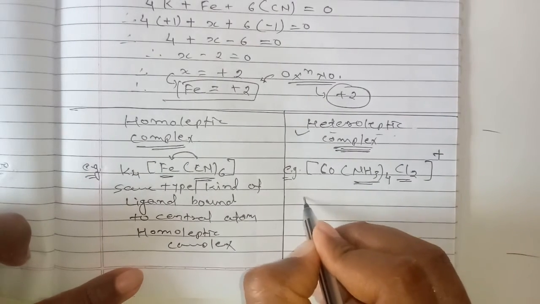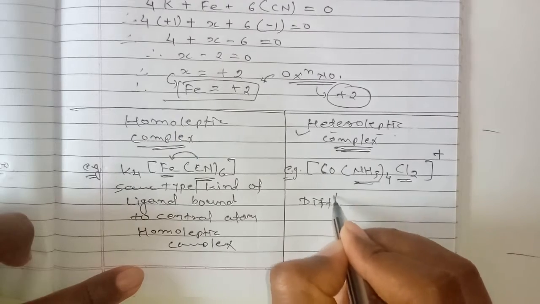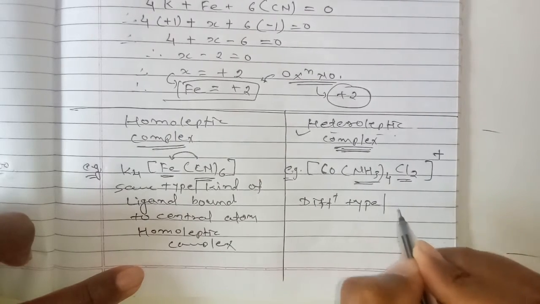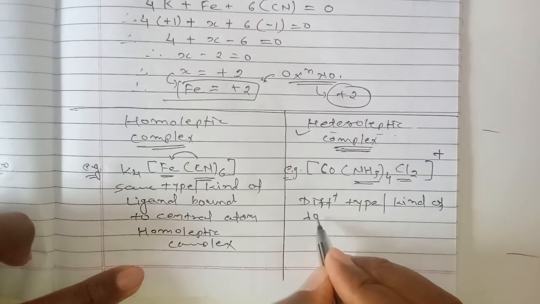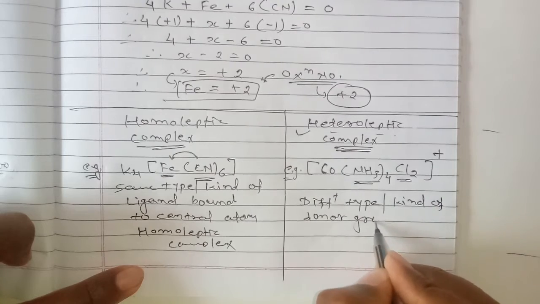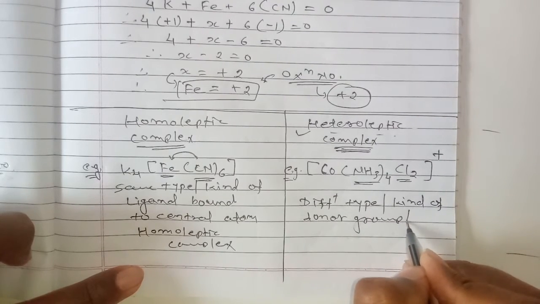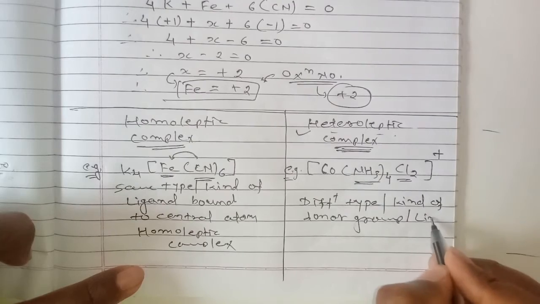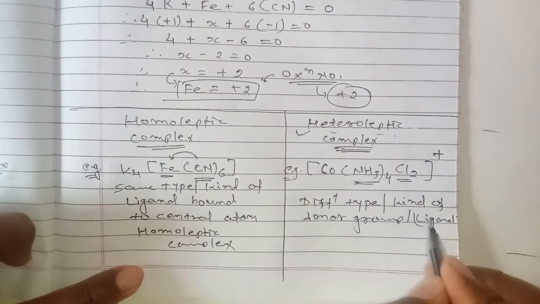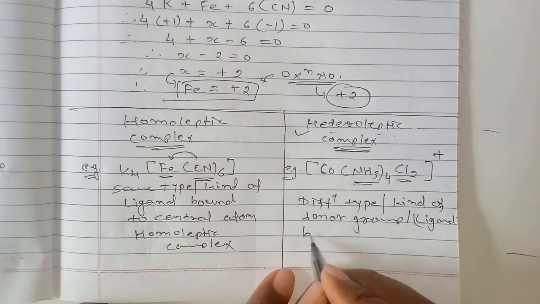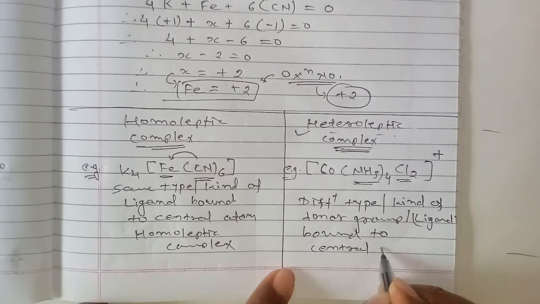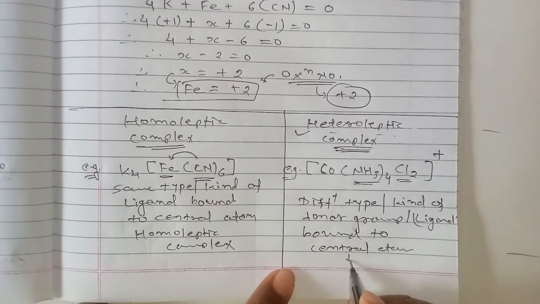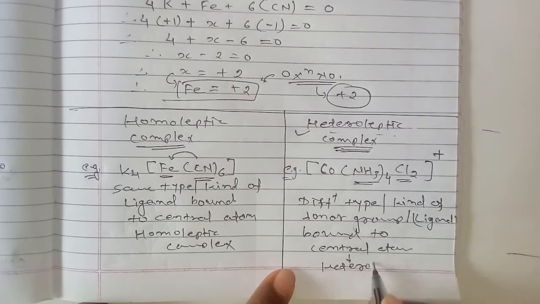So if different types or kind of donor group, and it is called ligand, bound to central metal atom, and it is called heteroleptic complex.